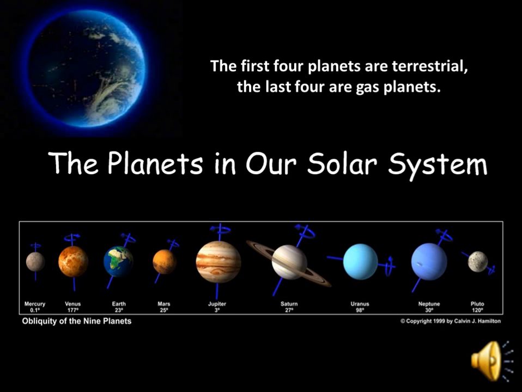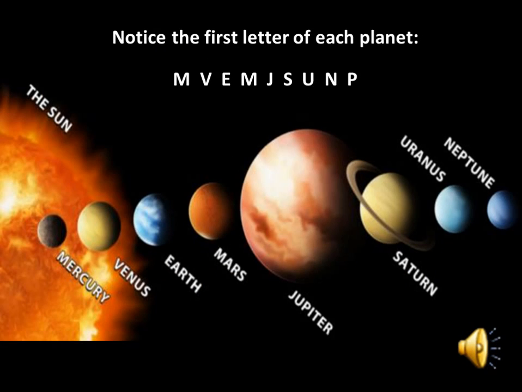You can tell that this is an old slide because Pluto is still included in the picture, but not anymore in our solar system. Notice that the first letters of all the planets begin with M, V, E, M, and so forth. That's kind of meaningful, so keep it in mind as we turn to the next slide.